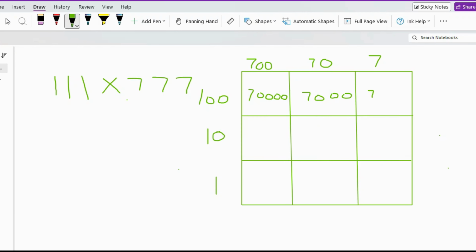That would become 7,000. 7 times 1 is 7 with 3 zeros. 2 zeros there, and then 7 times 1 is just 7. 70 here. It's 700. 70 and just 7.